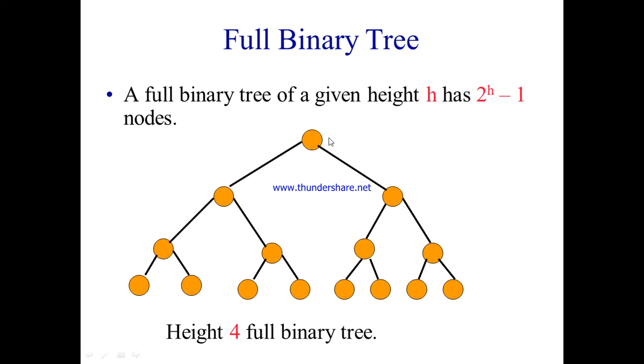The root node will have 2 children, this node will have 2 children, this node will have 2 children. And the height is mentioned as 4, that means I should have 4 levels, and all the nodes are there. So if a binary tree has the maximum number of possible nodes, then it is said to be a full binary tree.